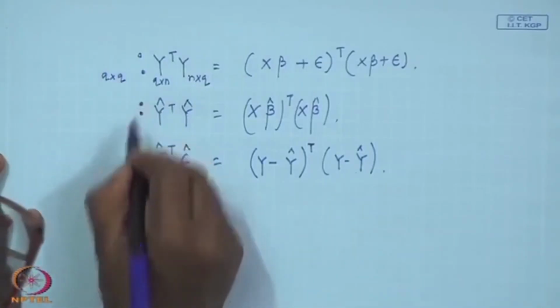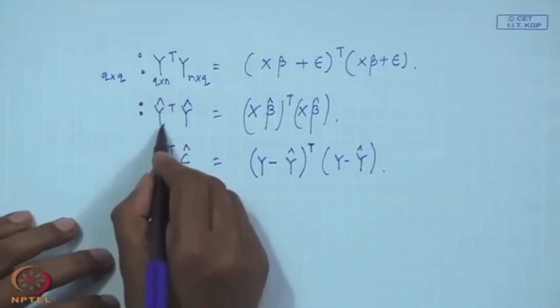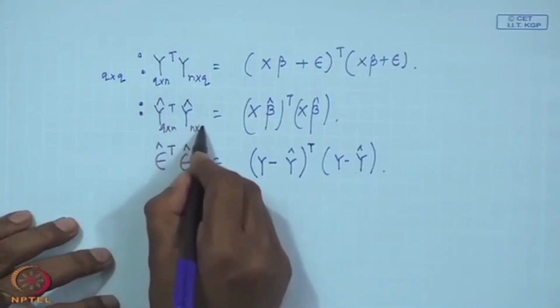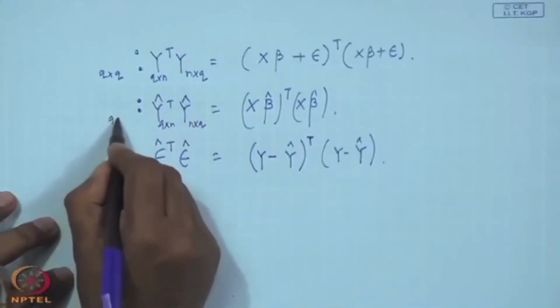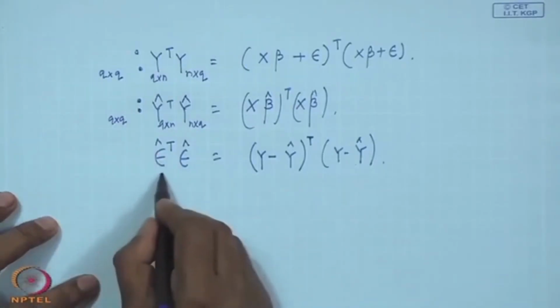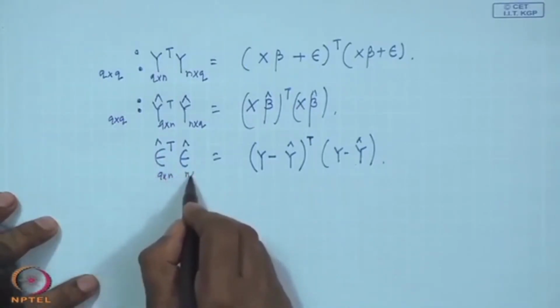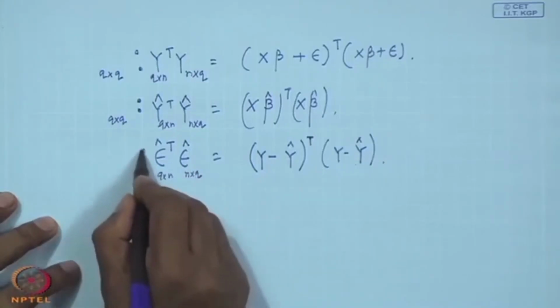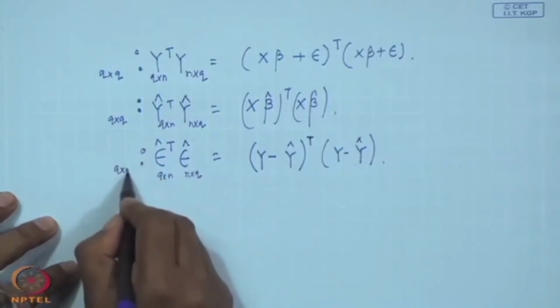Similarly, here you see this is again q cross n, n cross q. You will also get some matrix here of q cross q. Here this one is also q cross n, n cross q, so you will get something q cross q.